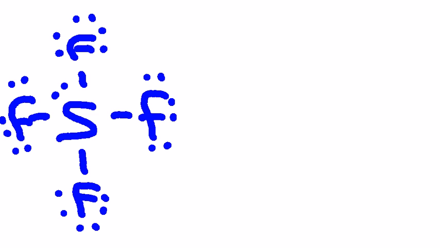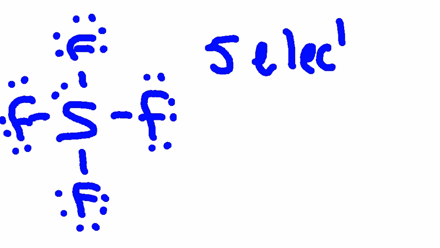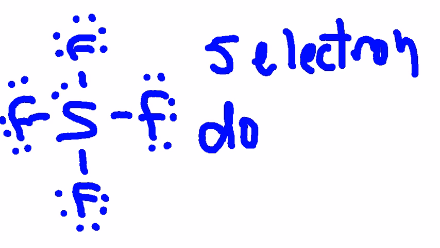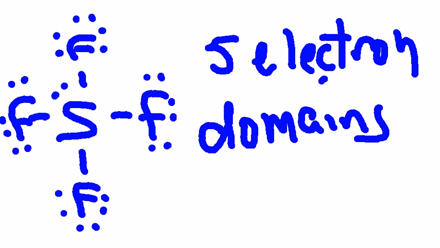So the important thing to learn from here on in is the number of electron domains, and in this case there are 5 of them, which basically gives you the answer for everything else. So let's give it a quick draw here.